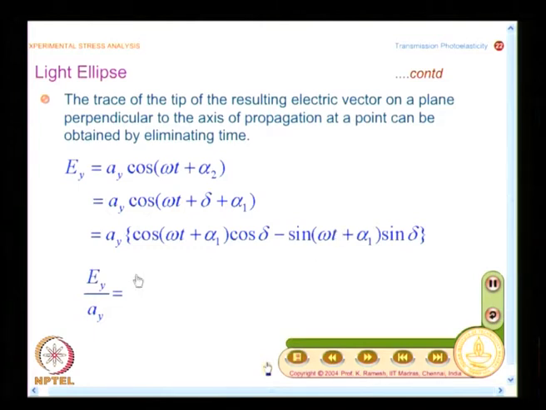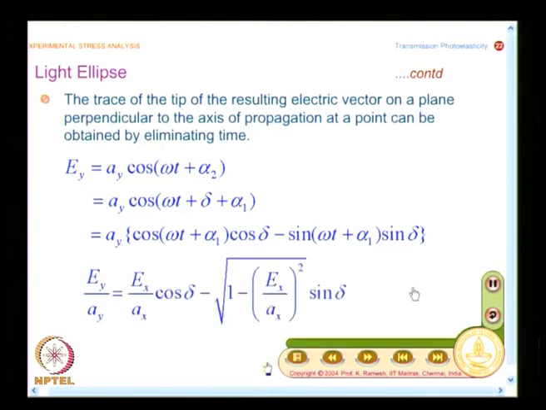So, now I will have an expression only consisting of E y, A y, E x, A x and an expression involving delta. You could simplify it. Can you write it in this fashion? It is straightforward, you could do it easily, and when I do that, I get an expression like this.